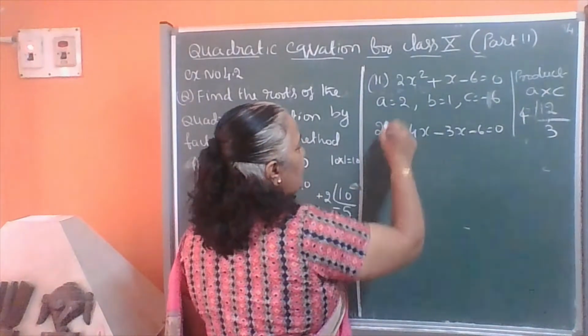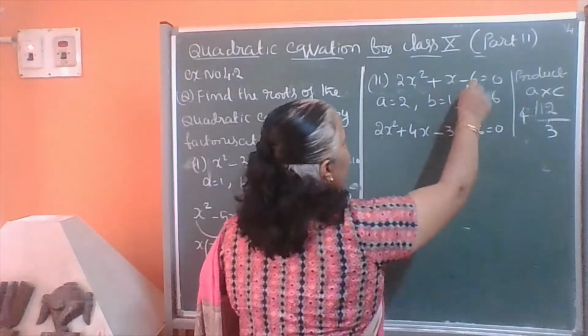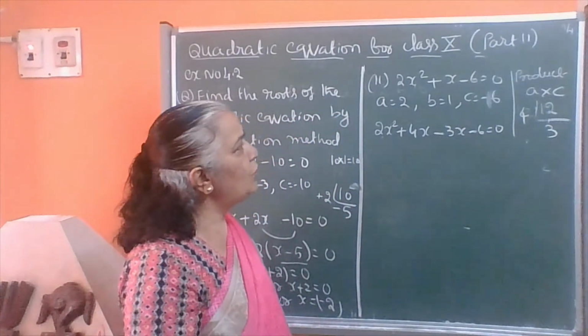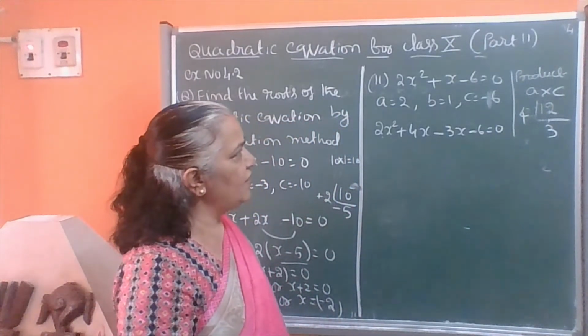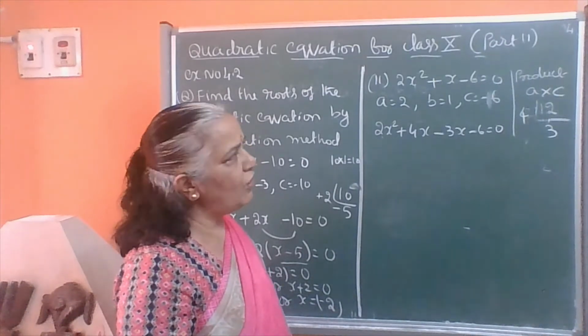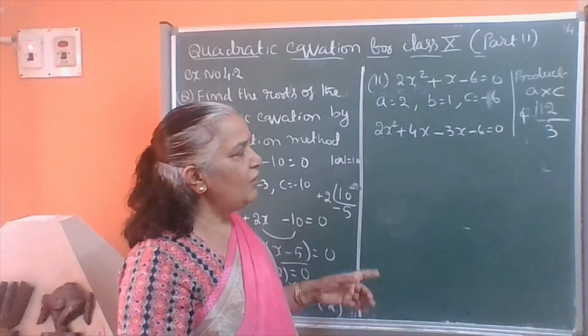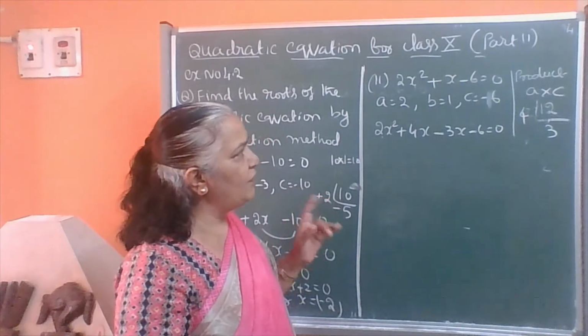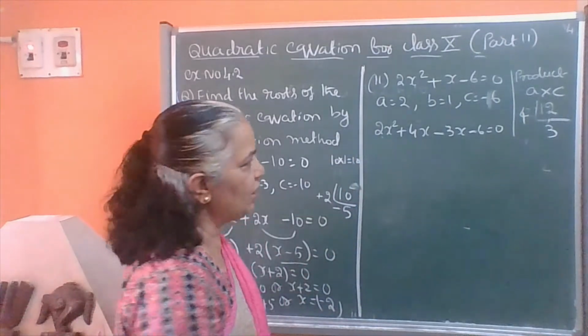You wrote 2x square as it is, minus 6 as it is, and 0 as it is. You have to multiply a and c, the first coefficient of x square and c, and by finding the factors of that, by adding or subtracting, you should get the middle one.